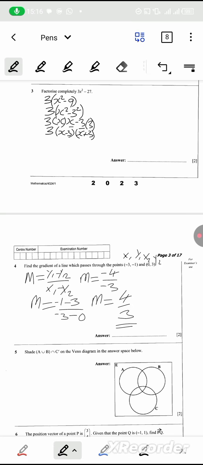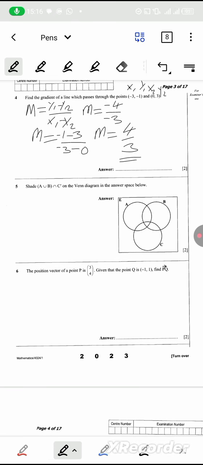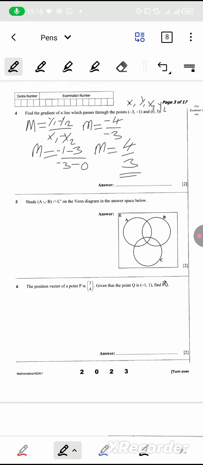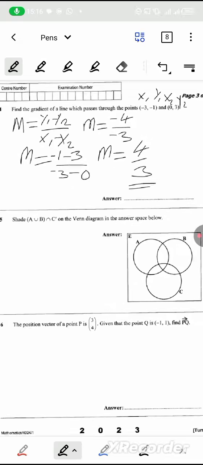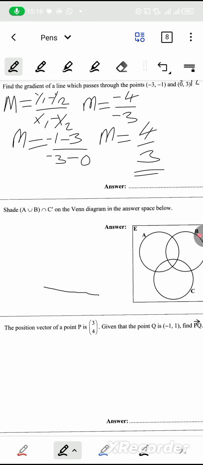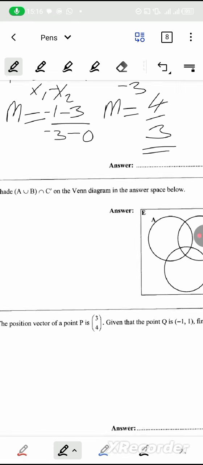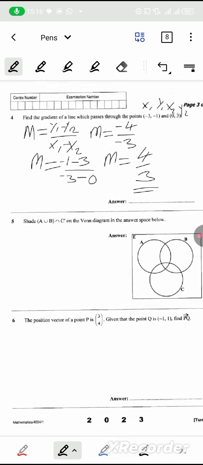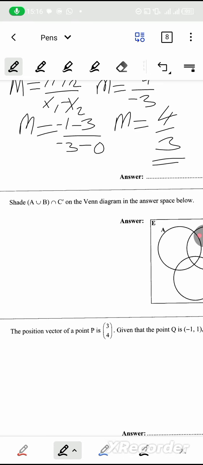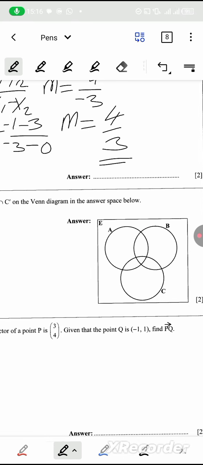Okay, so now quickly we can go to question number 5. Today we are going to solve up to question 10 in this tutorial, then the other tutorial will continue from there. The question is: shade (A union B) intersection C complement on the Venn diagram in the answer space below.